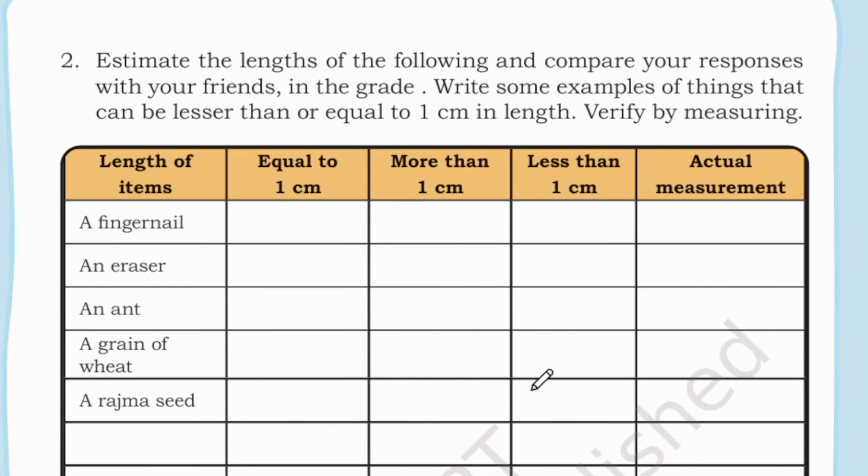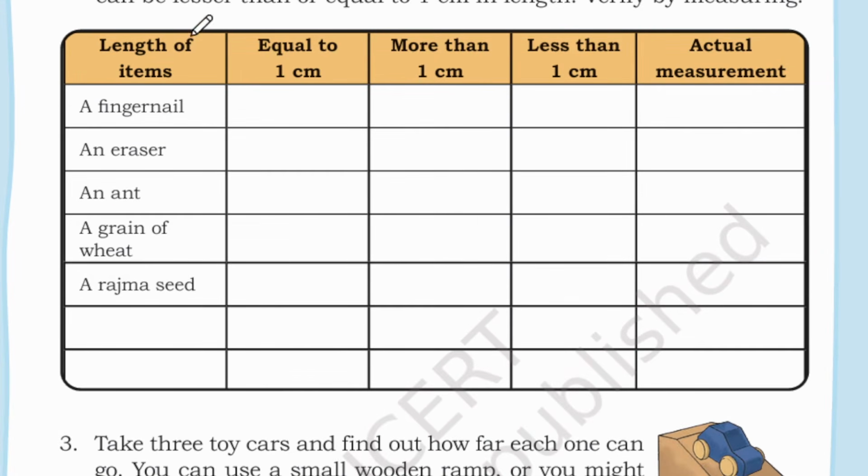Estimate the length of the following and compare your response with your friends in the grade. Write some example of things that can be lesser than or equal to 1 centimeter in length, verifying by measuring. We have length of few items: a fingernail, an eraser, an ant, a grain of wheat, a rajma.